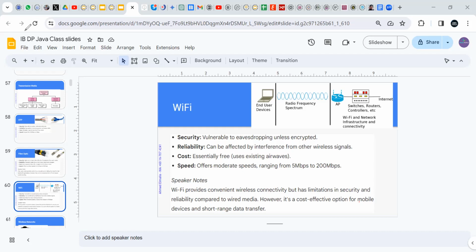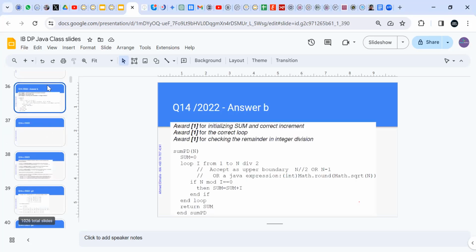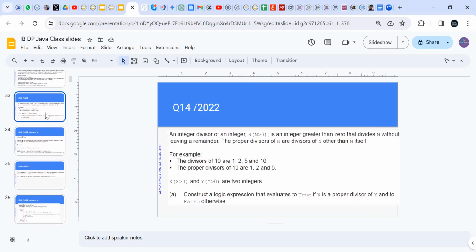Okay. I will continue the remaining tomorrow, but I would like to highlight one thing: I will give you that exercise as homework. Is it possible that you can do that? Yes. Okay, that is talking about divisors and pseudocode.